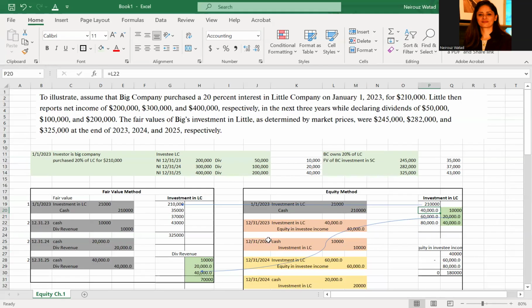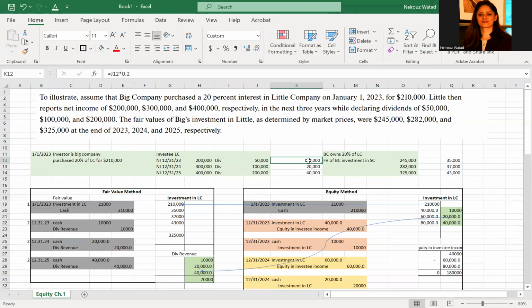Now, I also received in 23 a $10,000 dividend, but under the equity method, this dividend is not considered a revenue. This dividend will reduce my investment in the investee.